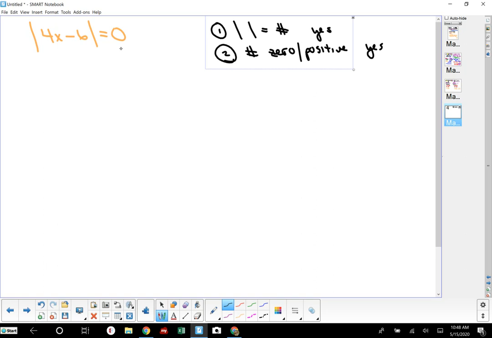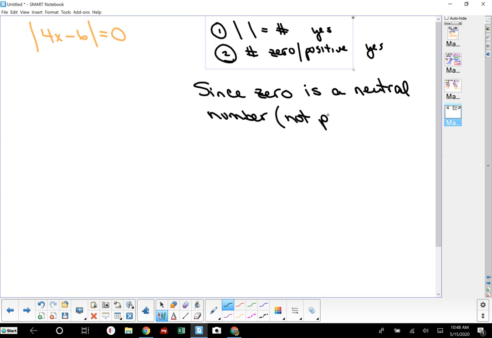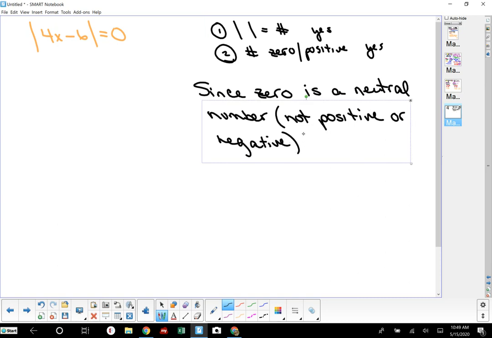Now, if your answer is 0 over here, since 0 is what's called a neutral number, meaning it has no sign, it's not positive or negative, you will only have one case.